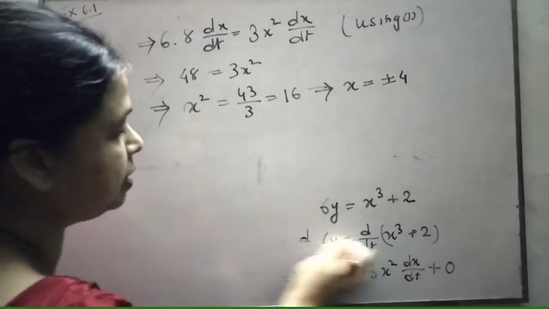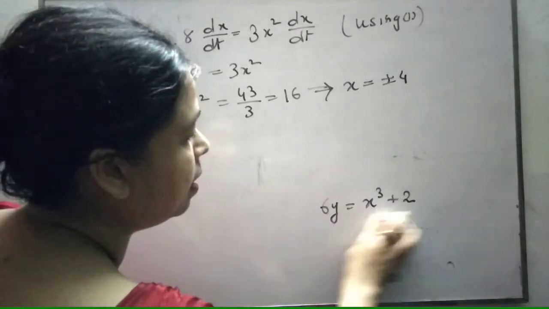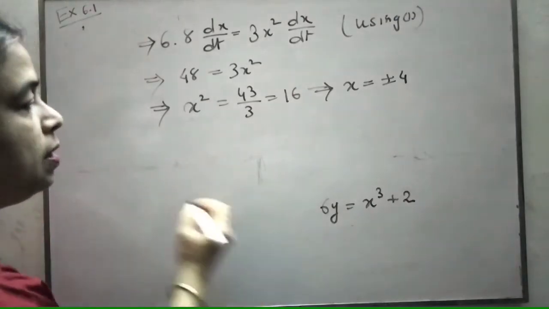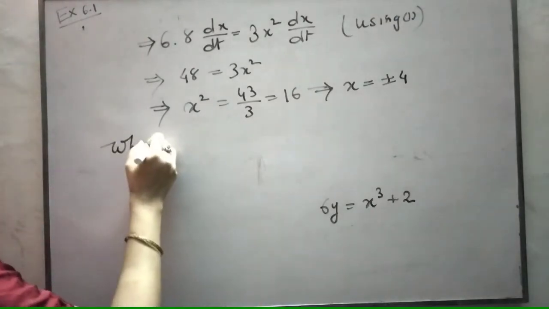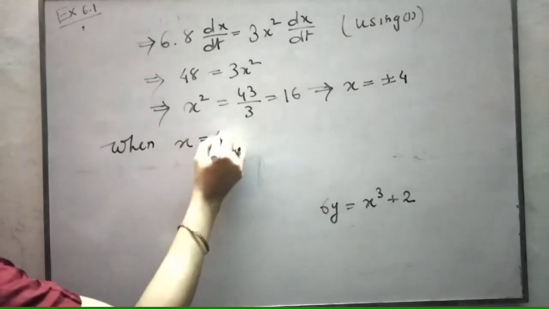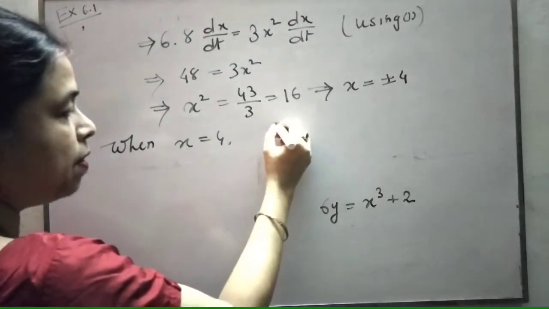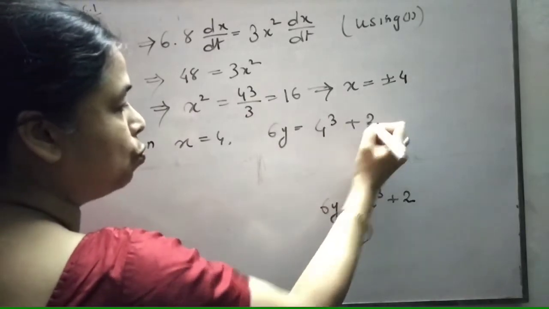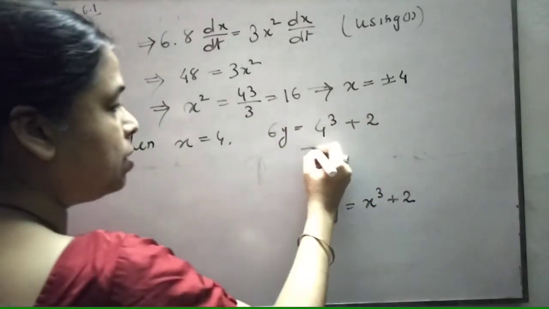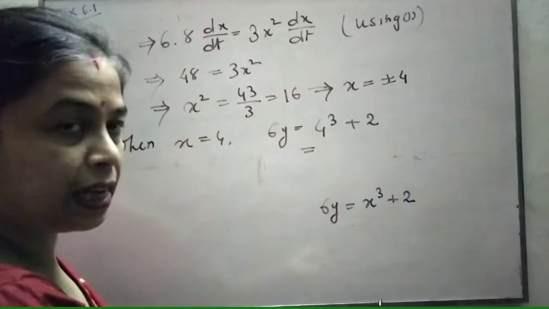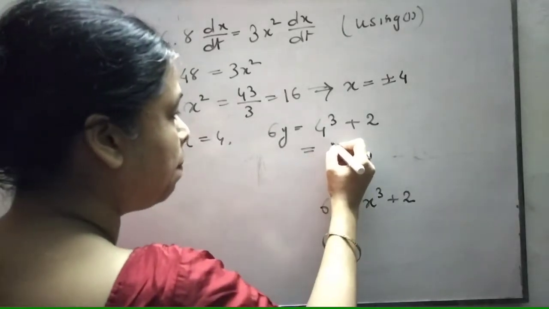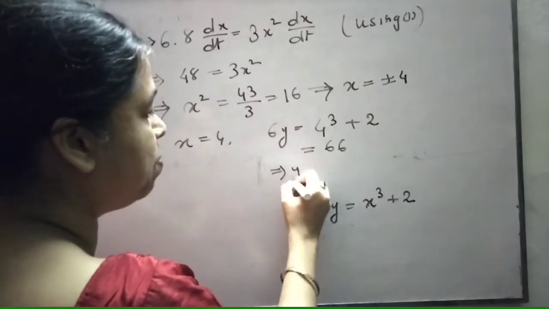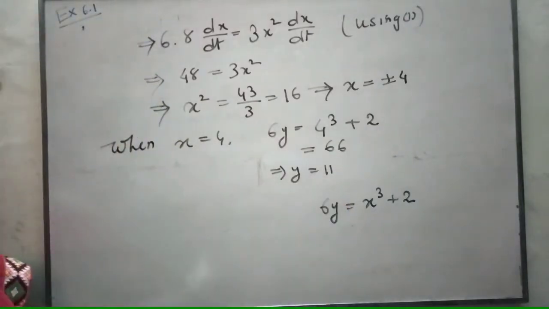Always see your curve. Let us consider this curve now, and on the curve we put the value of x. When x equal to 4, you put it on the curve, then 6y is equal to 4 cube plus 2, that is 64 plus 2, which is 66. So y value is equal to 11.